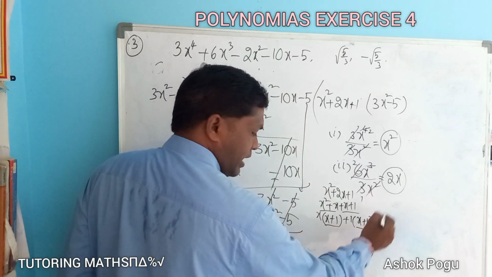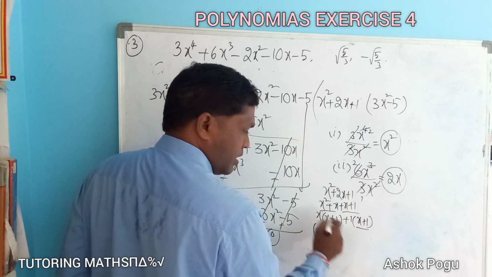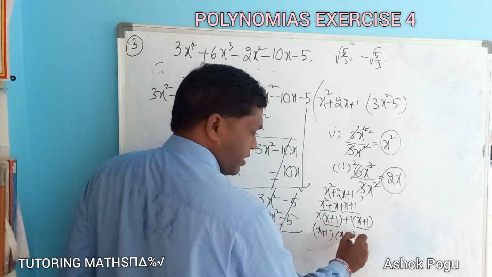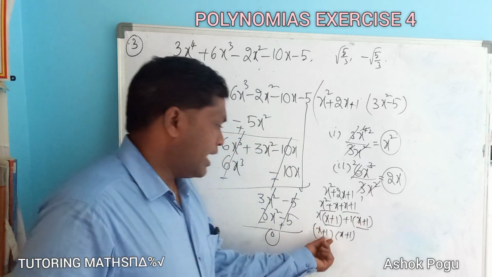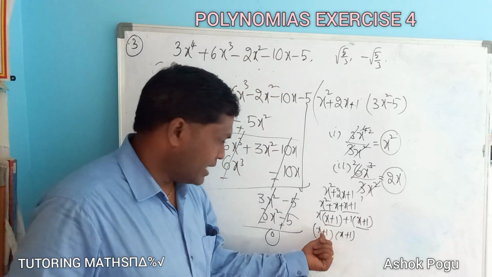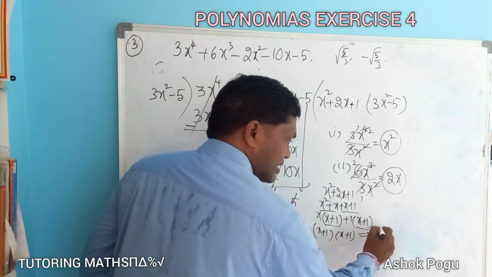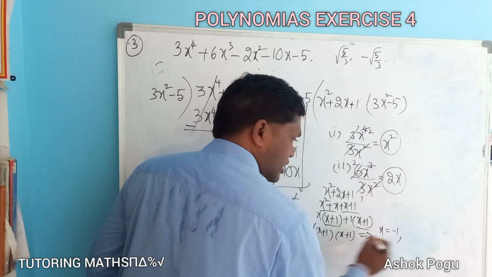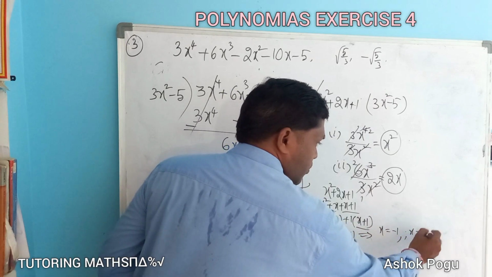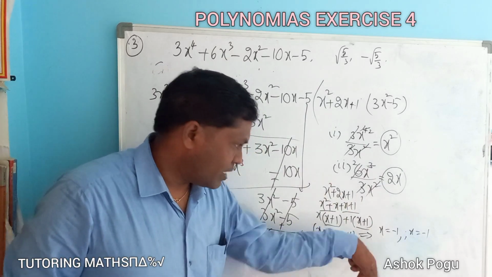So x plus 1, x plus 1. You take it as the common expression and the remaining term is x plus 1. So x plus 1 and x plus 1 are the factors of this polynomial. Means x plus 1 is equal to 0. Then what would be the values of x? x is equal to minus 1 and x is equal to minus 1. Plus 1 becomes minus 1 on both sides.